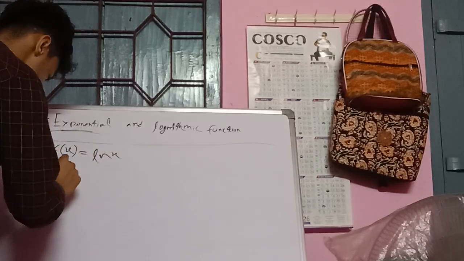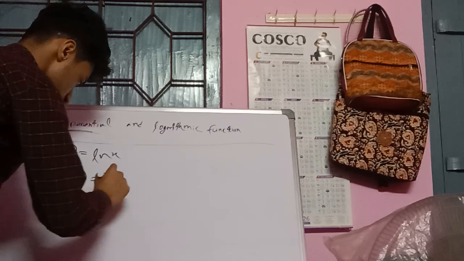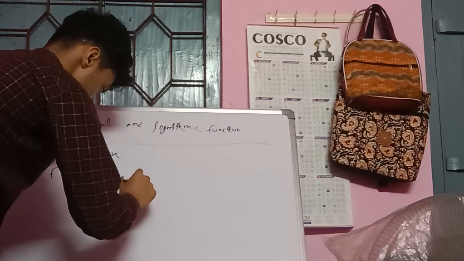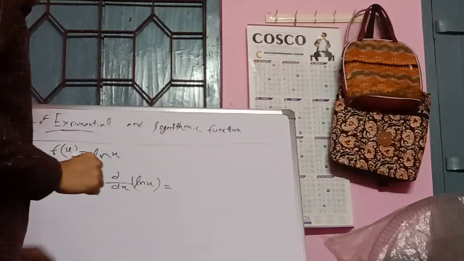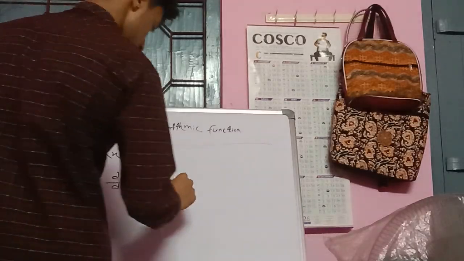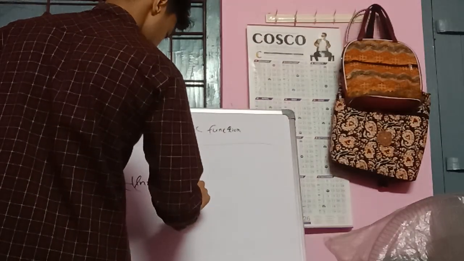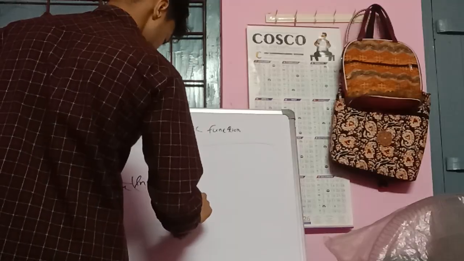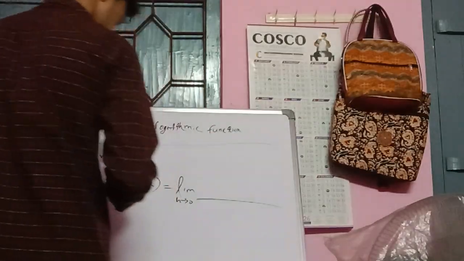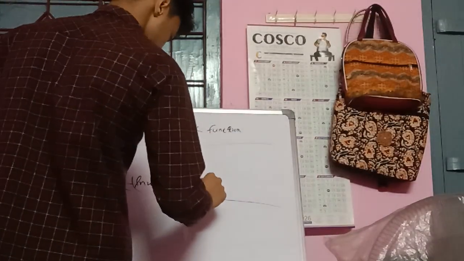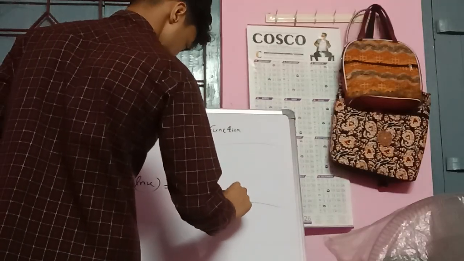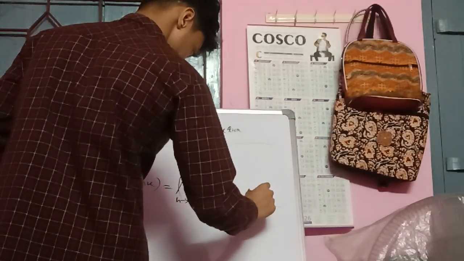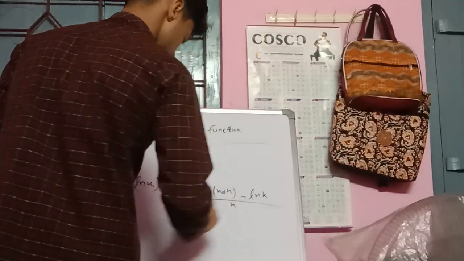Then that function's rate of change, d/dx of ln x. What would that be? With the first principle again, this would be the limit as h tends to 0 of ln of x plus h minus ln of x, divided by h.